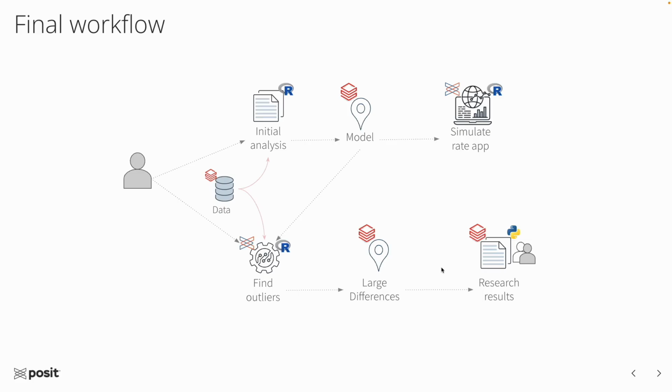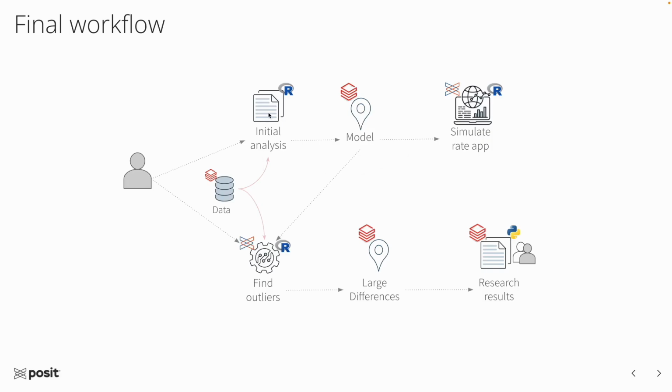So this is the final workflow of what we just reviewed. We started with an initial analysis that then gave us a model that we can use, which in turn fed the Shiny app that we sampled. And then that Shiny app was also published into Posit Connect.